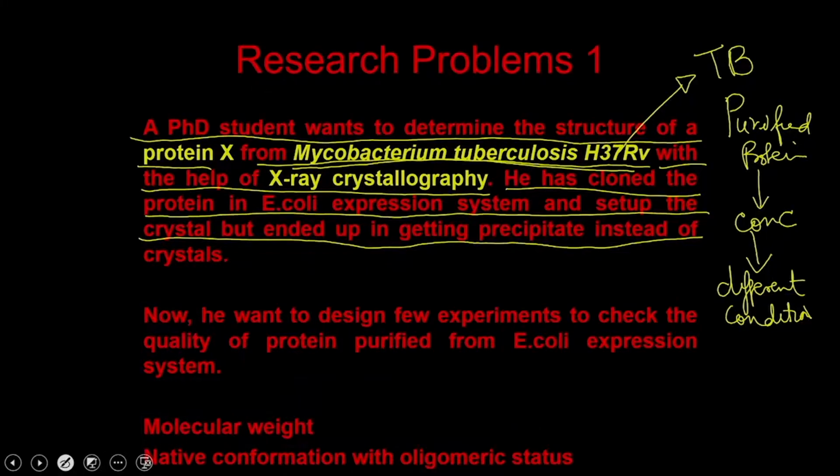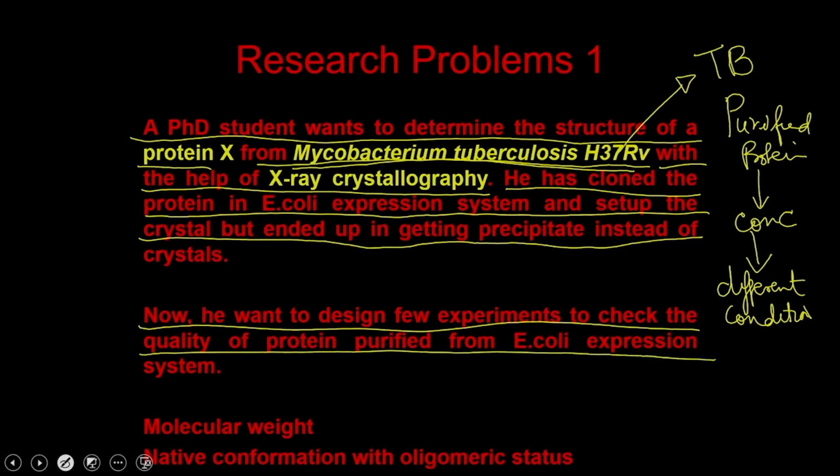So, he wants to design a few experiments to check the quality of the protein purified from the E. coli system. What we mean by quality is that he would like to determine the molecular weight of the protein, and also ask whether the protein is present in the native conformation and what the different oligomeric states of this particular protein are.